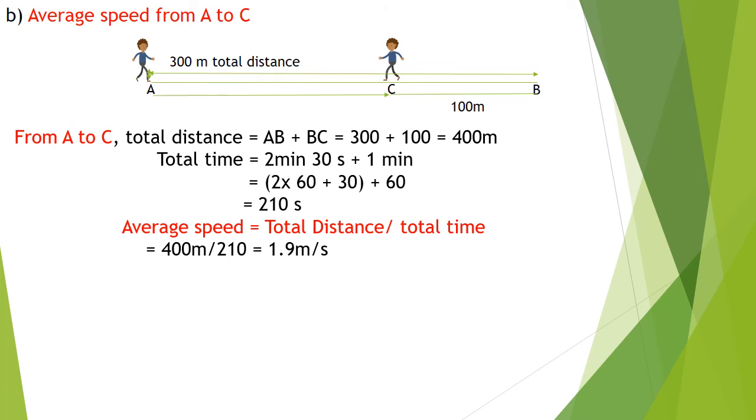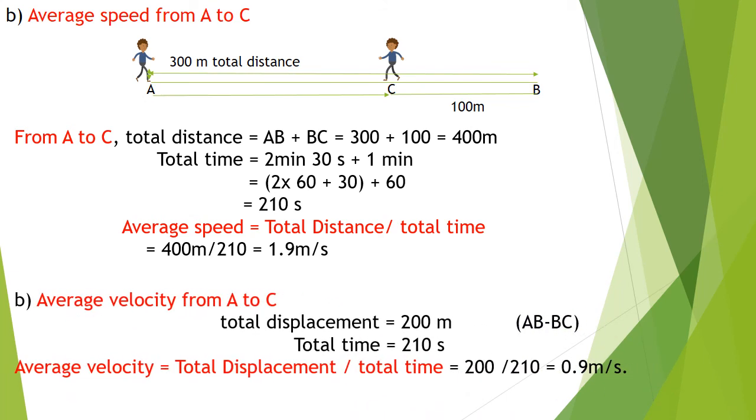So average speed is total distance by total time, that is 400 meters by 210 seconds, that is we get 1.9 meter per second. And for average velocity, you have to be careful because we need total displacement. That means he starts from A, now his position is at C. So what is the straight line distance from A to C? We have to subtract from the total distance that distance he's come back.